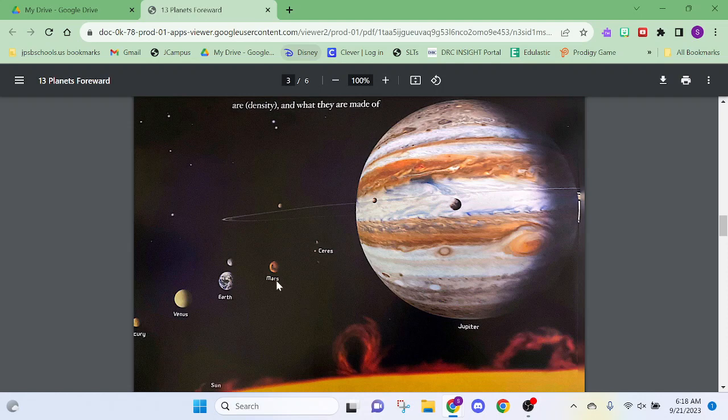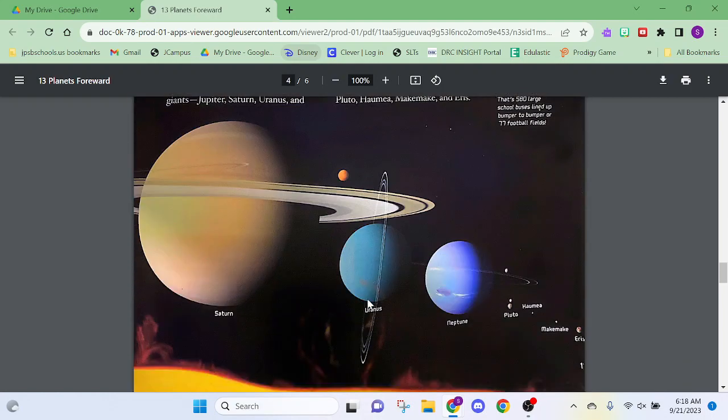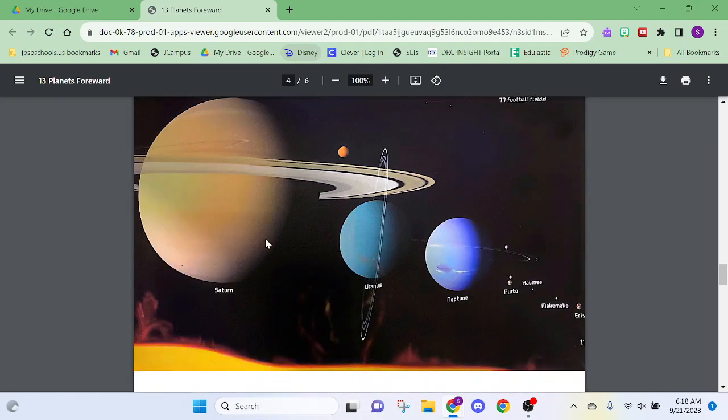And then here's Mars. Here's the dwarf planet Ceres, that little dot right there. Here's us on Earth with our moon, Venus, Mercury, all that stuff. And then if we go to the other half of it, we've got Saturn, which is nearly just as big as Jupiter, Uranus, Neptune, and then here's Pluto, all the way over here in the Kuiper Belt.